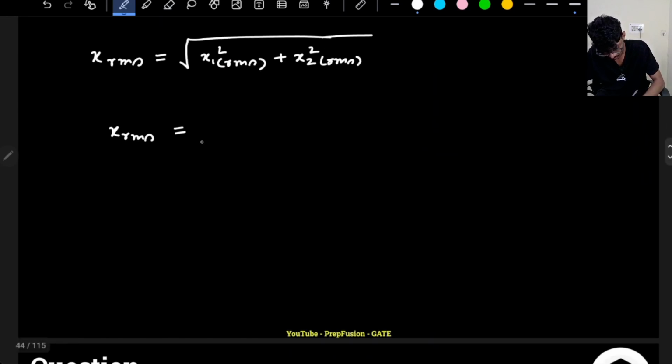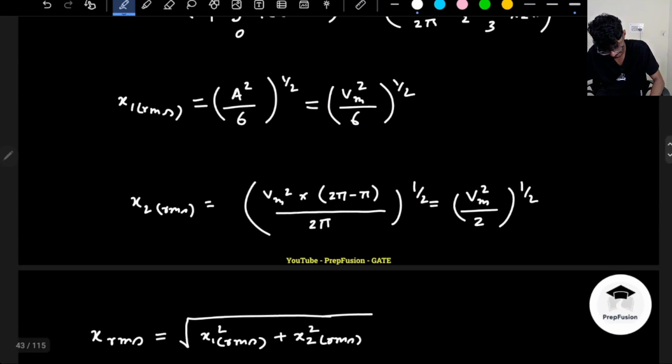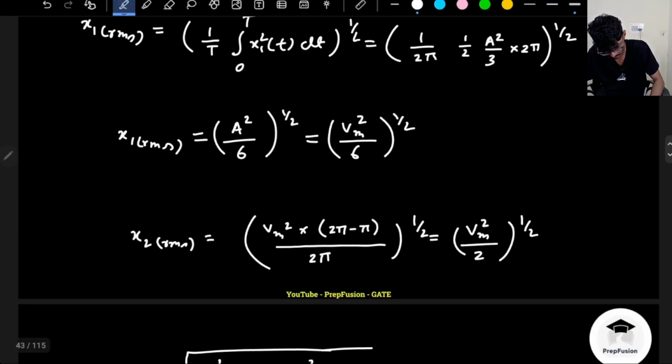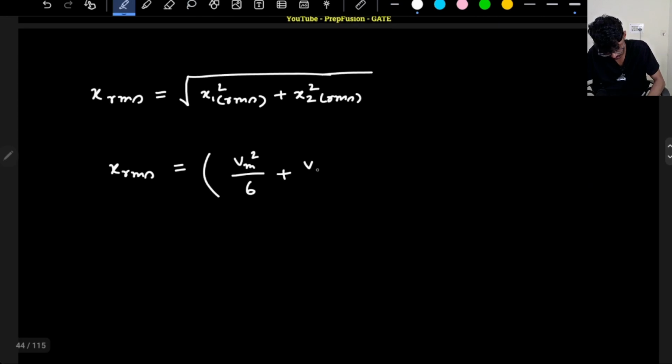So this will be Vm square by 6 plus Vm square by 2, whole under root.